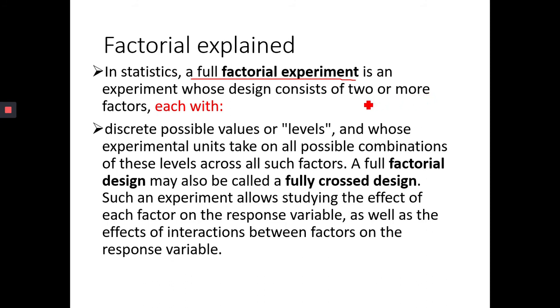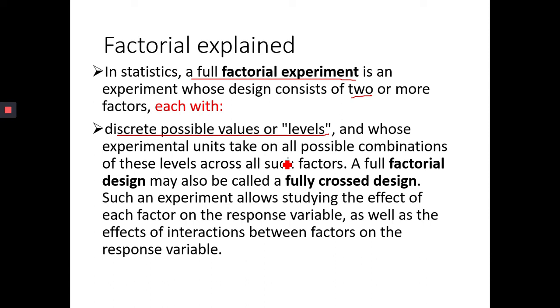Yes, two or more factors, each with discrete possible values or levels. When we talk of discrete, countable, 1, 2, 3, 4, 5, and so forth, that is discrete, not 1, 1.5. I think we did this in biostatistics. So discrete possible values or levels.